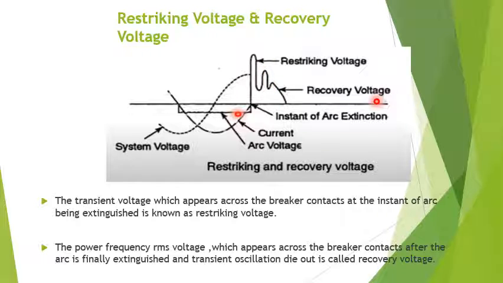This is what restriking voltage and recovery voltage are, which we discussed in the current zero interruption method. If you understand these, you can easily understand how the current zero interruption method works, in the cases of recovery rate and energy balance.